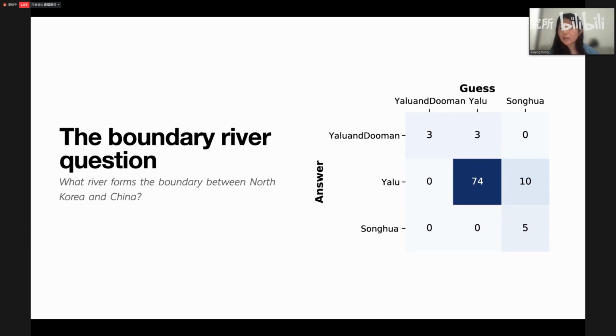It turns out these 3 students are correct: both rivers are boundary rivers between China and North Korea. Even though only 3 people got this question correct and we do not have any prior, we can still identify these 3 people, and also know that there is a hierarchy among these answers.